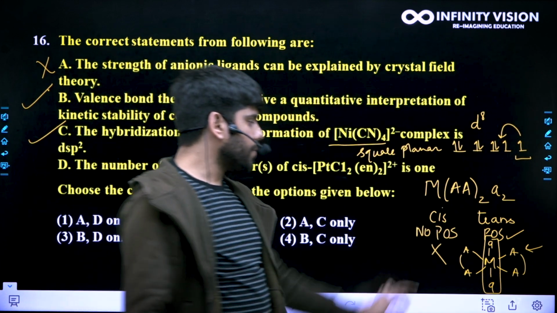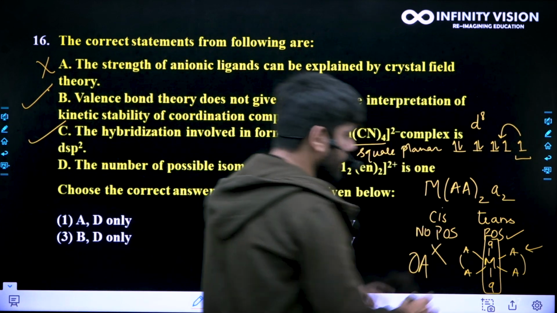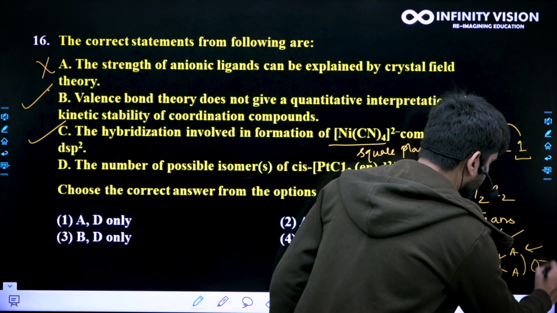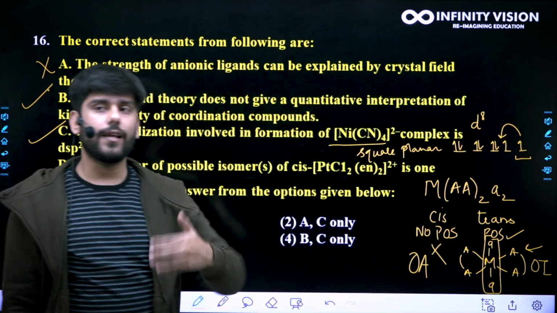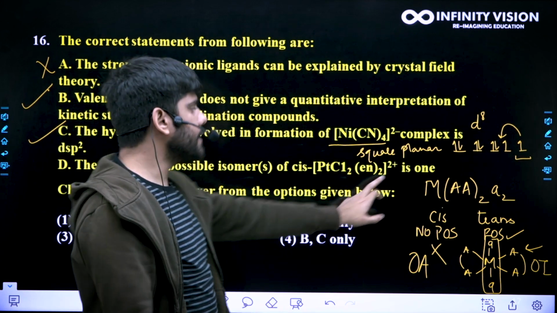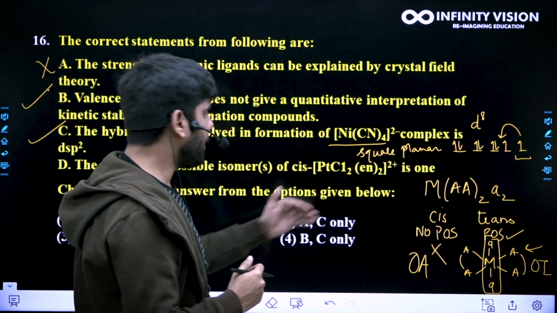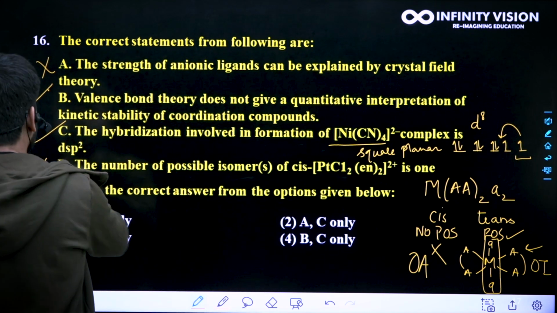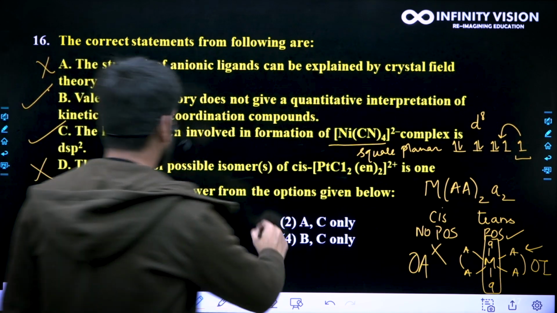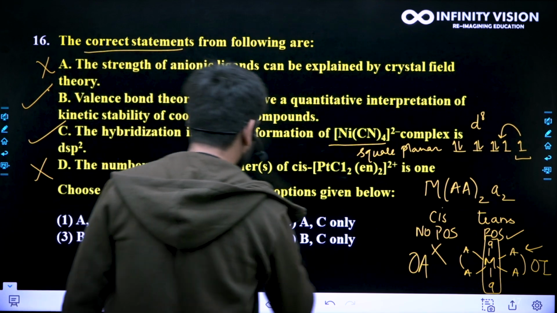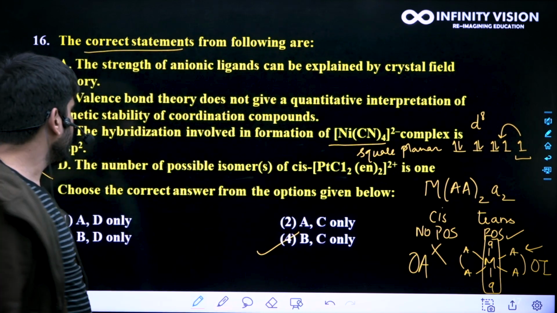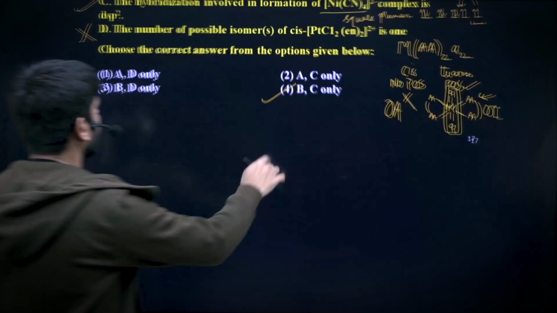So cis isomer is optically active, whereas trans isomer is optically inactive. If it is optically active, there will exist an enantiomeric pair. So it is saying it's 1. No, it's not 1. There will be an enantiomeric pair, right? So this is also wrong. So B and C are correct. So they are asking you the correct statements. B and C are correct. All right. Let us move to the next question.